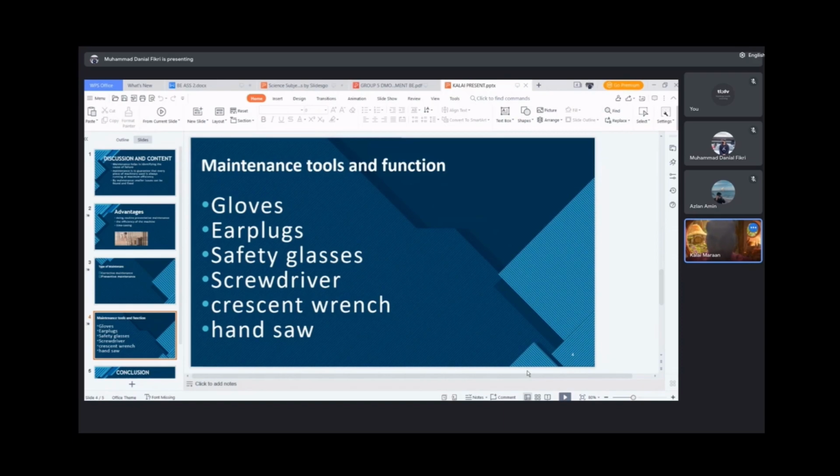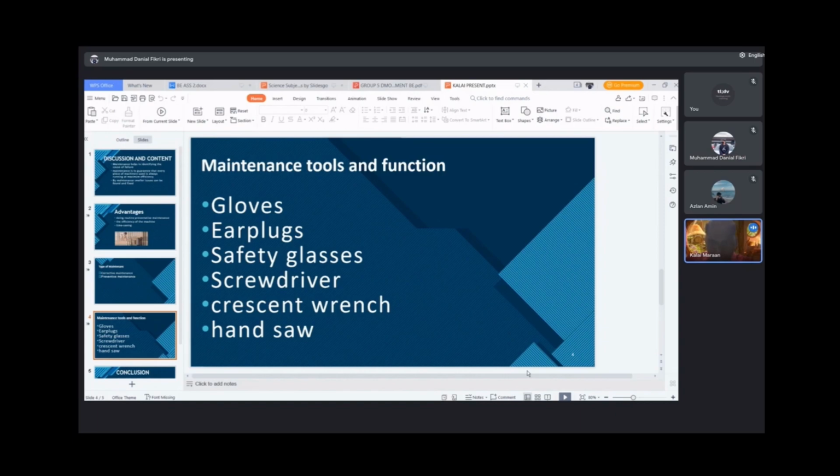Maintenance tools and function. First is gloves. Workers who often use adjusting, sanitizing, and cleaning agents benefit from wearing gloves. Next is earplugs. To prevent hearing loss, maintenance personnel who frequently use heavy powered tools should wear ear protection. Next is safety glasses to protect workers' eyes. Next is the screwdriver, used to tighten and loosen screws during repair, building and installation.